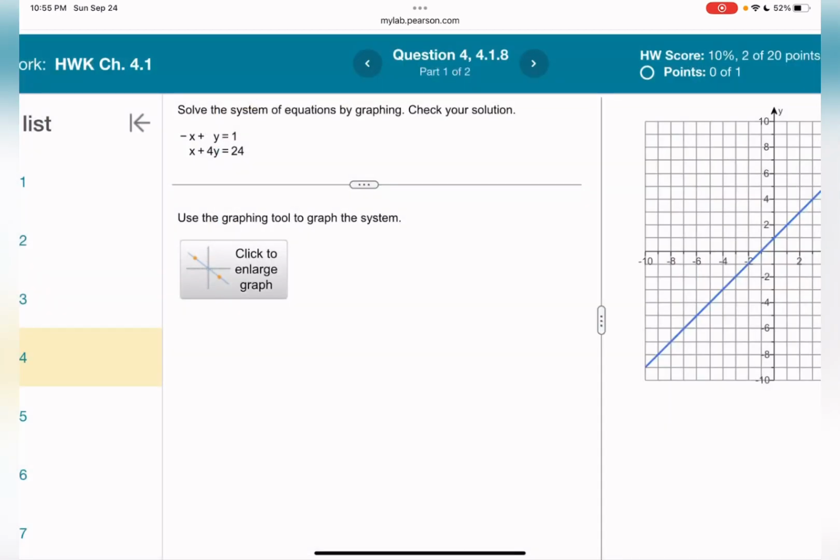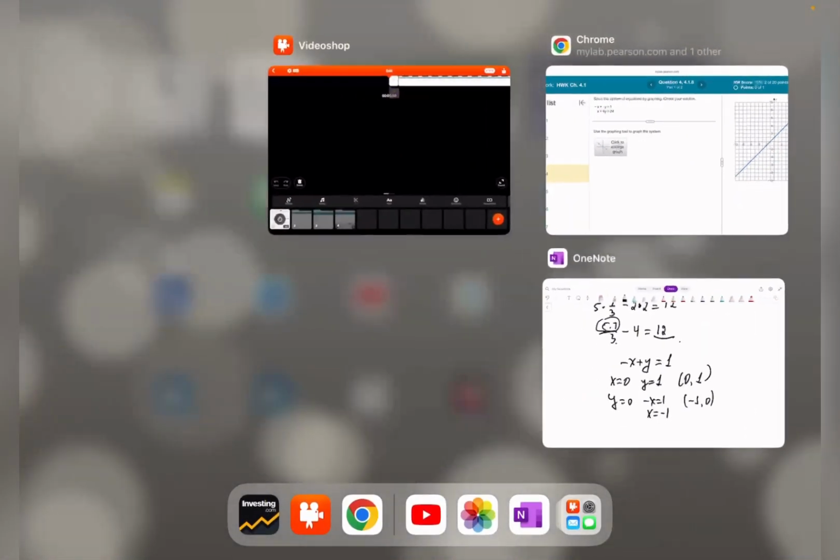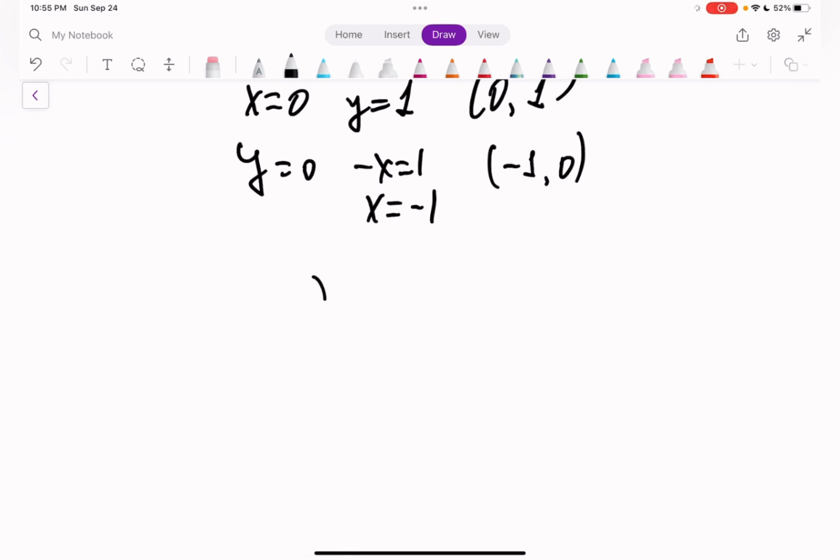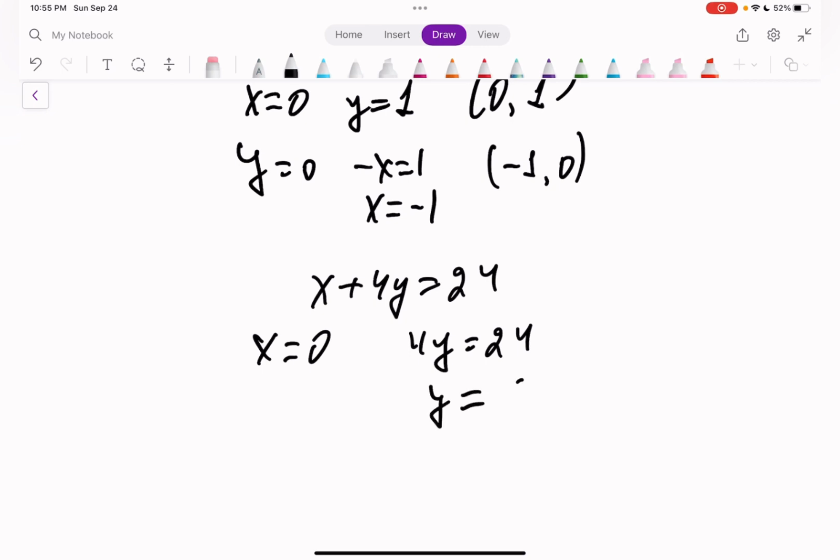Now the second one is x plus 4y equals 24. So when x is equal to 0, 4y is equal to 24 and y is equal to 6, right? So it's going to be 0 and then 6.